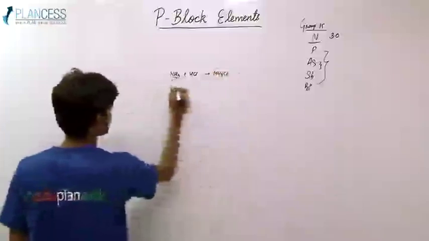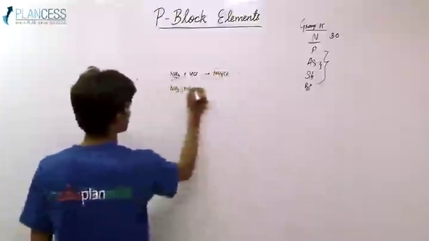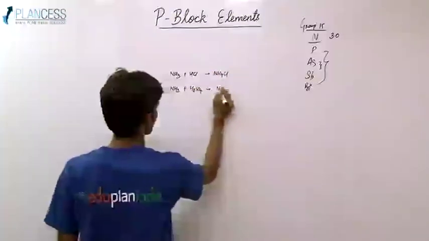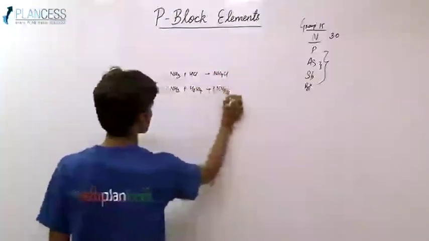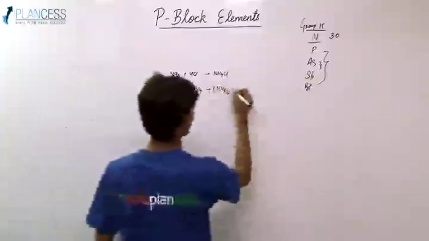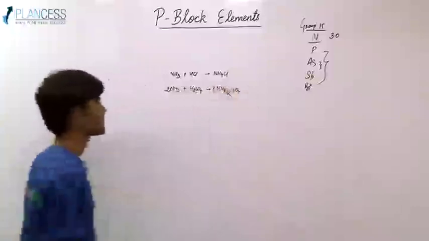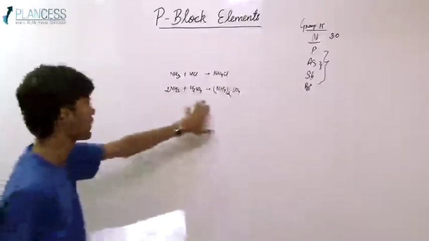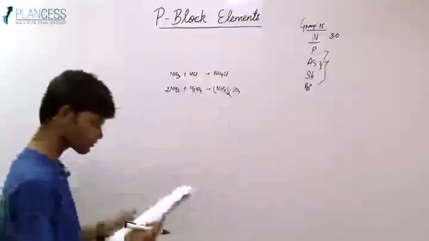NH3 again reacts with H2SO4 and forms (NH4)2SO4. So these are the salts formed when reacted with acids. NH3 reacts with acid and forms the corresponding salts.